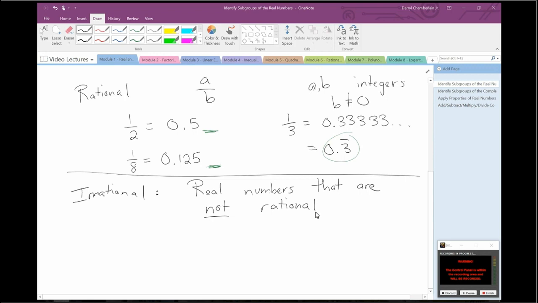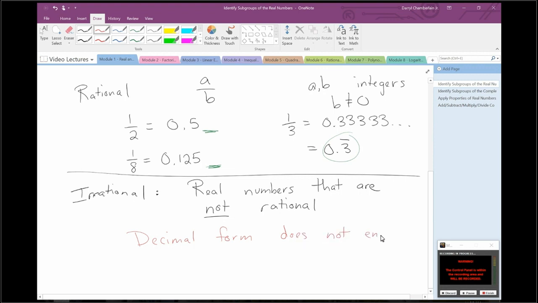Well, based on our decimals from the rational numbers, we can say that they're going to be the numbers where their decimals do not end, right?